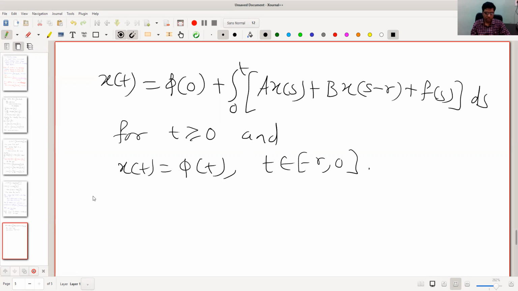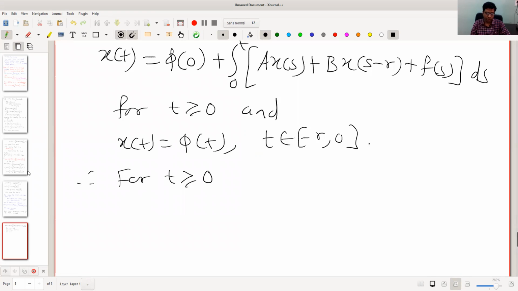Okay, therefore for t greater equal 0, we are going to find a bound. So we take the modulus of x of t, which is the modulus of the right hand side. Then we take the modulus separately of each term, so that it is less equal.